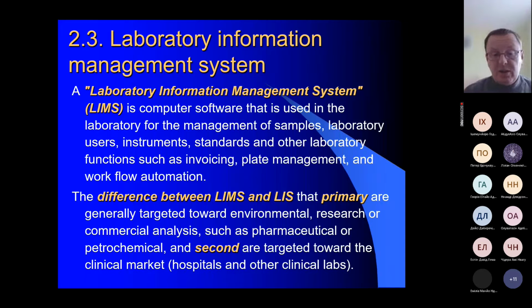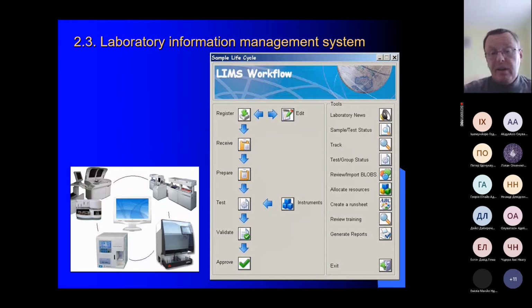LIMS is generally targeted at environmental research and commercial analysis, like pharmaceutical and petrochemical, and LIS is targeted toward the clinical market. And there is no other significant difference. All other things are very similar. And here is shown how it could be.